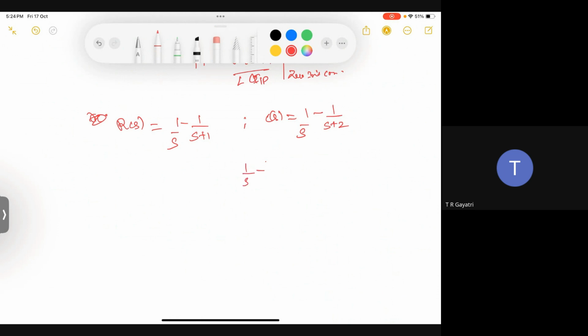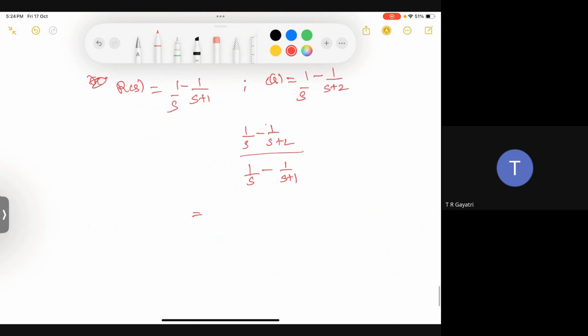That's it. (1 by S minus 1 by S plus 2) by (1 by S minus 1 by S plus 1). Just can straight away find it, I guess. This will become S plus 2 minus 1, S plus 1, S into S plus 2. This will also be the same.